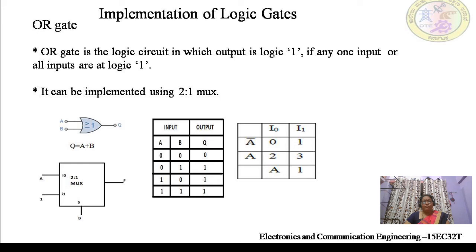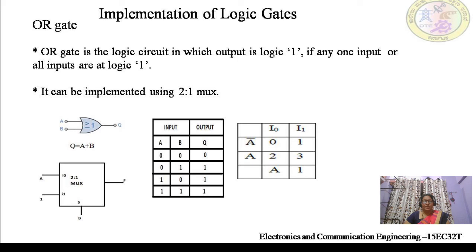Out of these four entries, the minterm values 0 and 1 are filled in the first row, and the remaining two entries 2 and 3 are filled in the next row, that is the second row. In the second row, we use the minterms for which A is equal to 1.